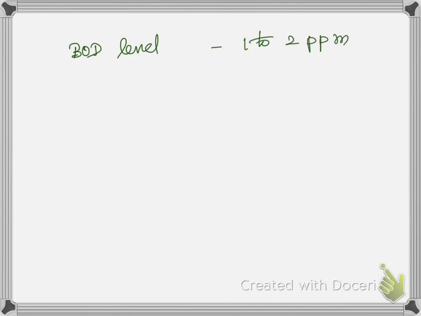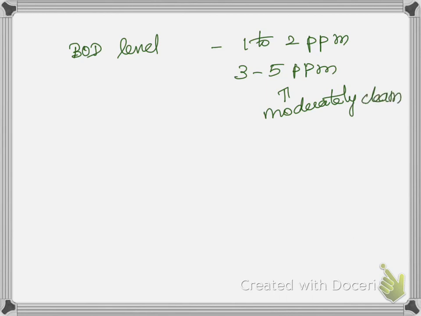When the BOD level is between 3 to 5 ppm, it is moderately clean. Polluted water will have a BOD of 6 to 9 ppm. Anything with BOD greater than 10 ppm is considered definitely polluted water.